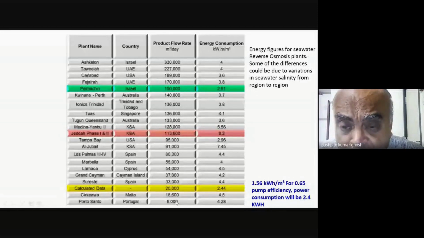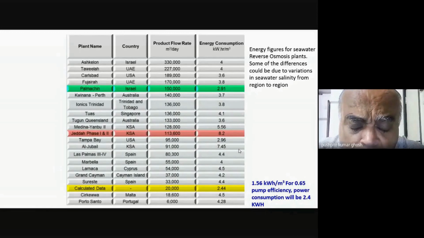So it's not bad. Compared to that, if you're getting values like 4, 3.6, 3.8, these are very good values. You can see one plant at 2.91. It's almost reached the theoretical limits. I find that there are countless papers that will tell you reverse osmosis is a highly inefficient process, and that we have got something better.